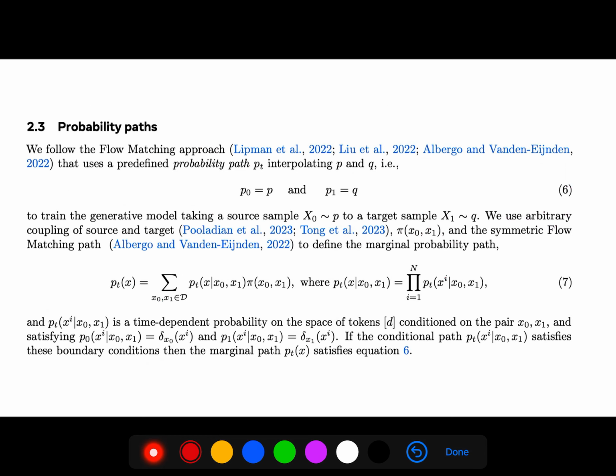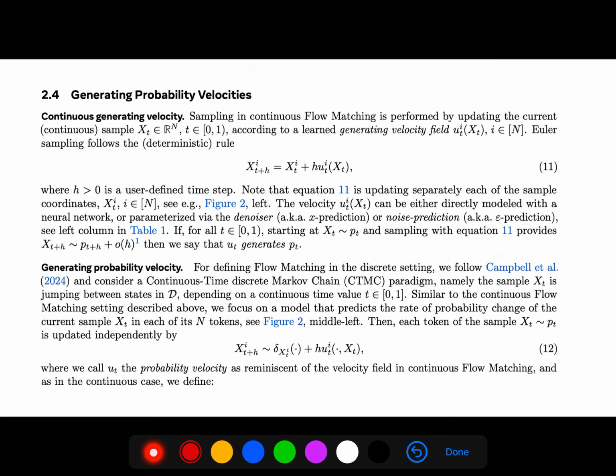Another formulation that I found more interesting was Campbell's. Campbell is a very good researcher at MIT. His notations are very beautiful, very clean, very disciplined, so his papers are very easy to follow. And again, it's a similar idea. We want to use continuous time Markov chains, in that we have time, and at any time you can sample. It's not just discrete time where you only have finite discrete times.